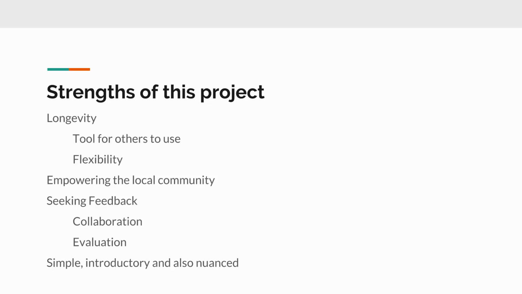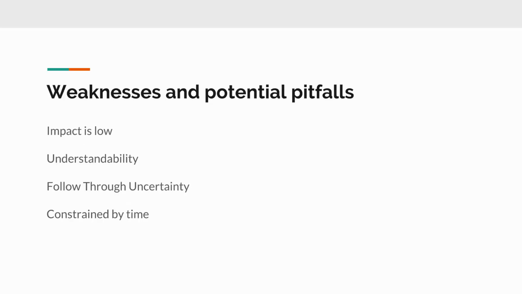We of course want to empower the local community, give the people the tools that they need. And one of the main things is seeking feedback, which is also that review section of the praxis-based organizing. It's a pretty brief, simple presentation that people can build off of, and it doesn't offer a really simplistic definition of racism, even though it is simple and introductory.